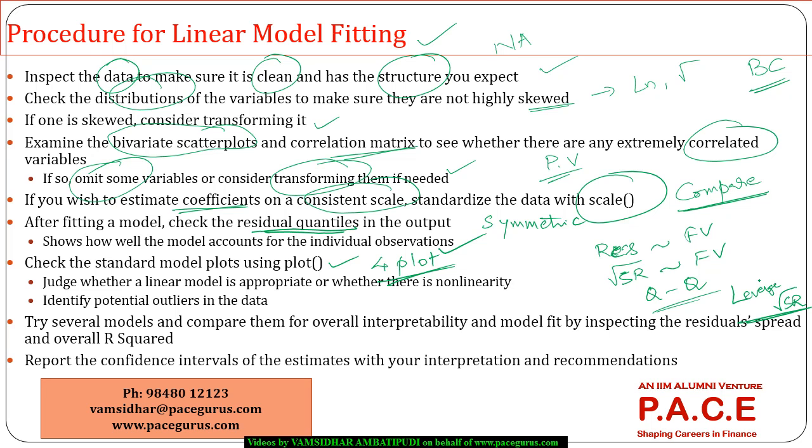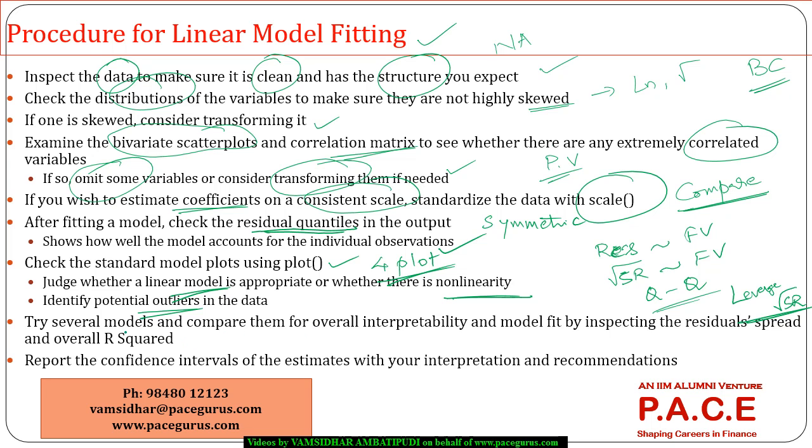So all these things you can plot, and you can also check whether the linear model is appropriate to the data that you are fitting, or there is some level of non-linearity in the model. You can also identify the potential outliers in the data, and if possible try to omit them.